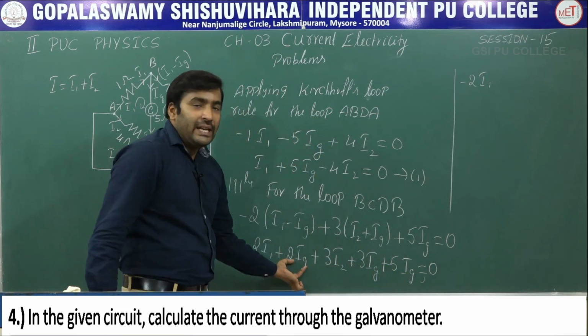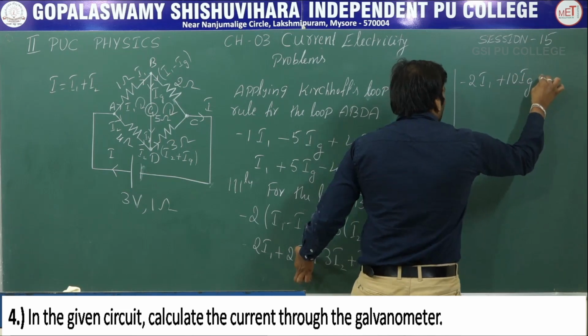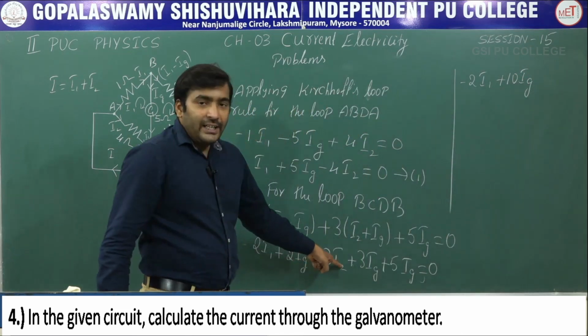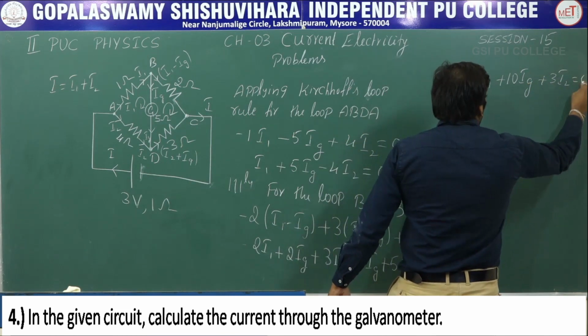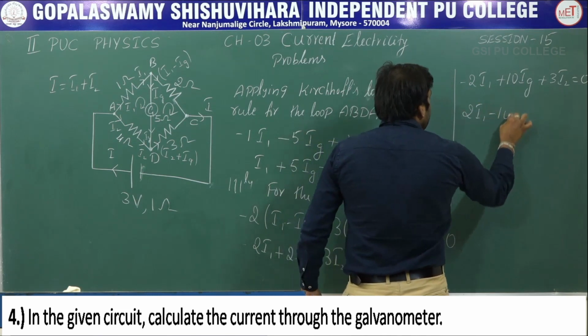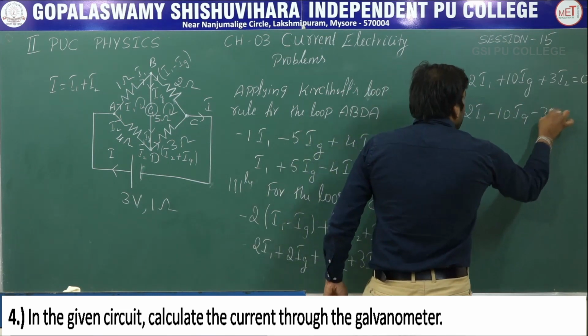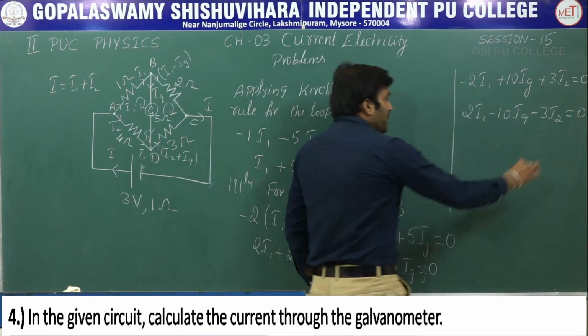So this will be 10 Ig, plus 3 I2, equal to 0. The same equation is now written as 2 I1 minus 10 Ig minus 3 I2 equal to 0. So we got expression 2.